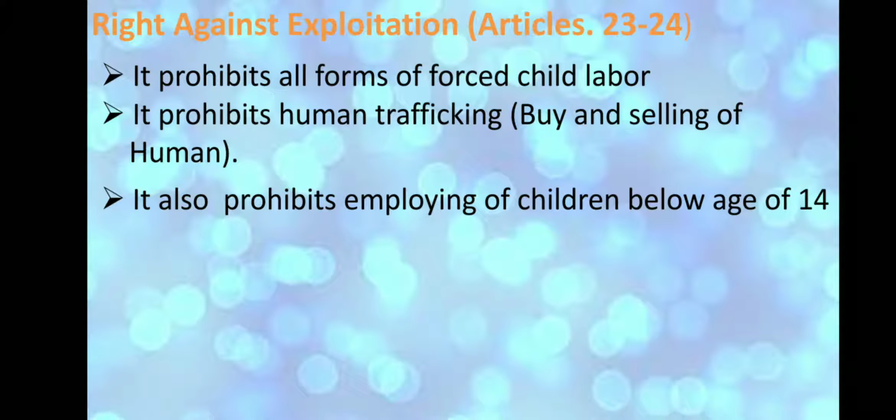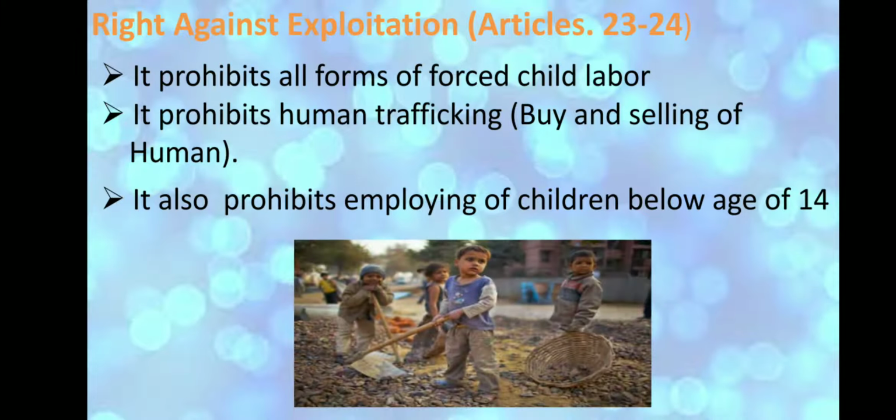So as I said, no child is allowed to work. A child below 14 years of age is not allowed to work. This is child labor which has to be stopped. When you see someone below 14 years of age, like a small kid working, you shouldn't allow them to work.